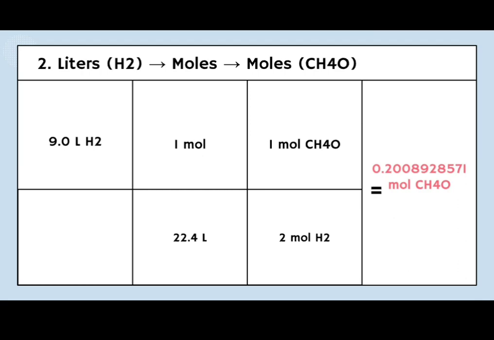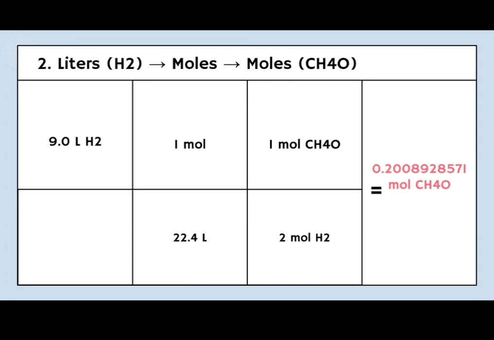Then we multiply it by 1 divided by 2 of hydrogen gas. We multiply by 1 mole of methanol divided by 2; you can just use a half, which is easier to think about.